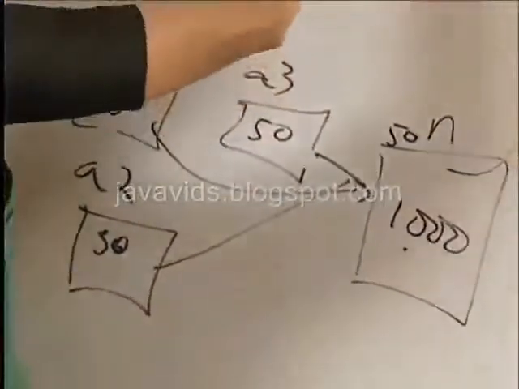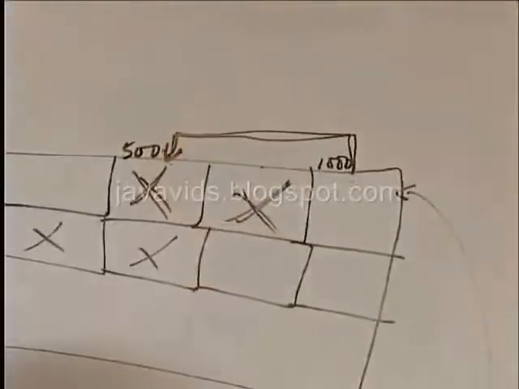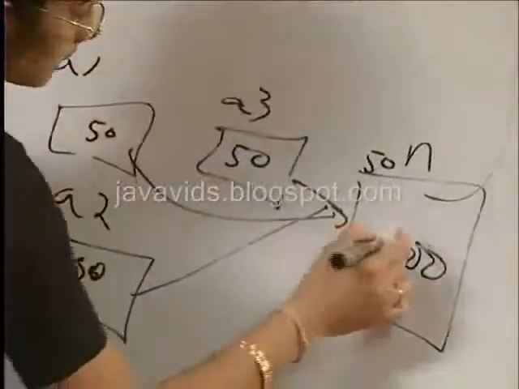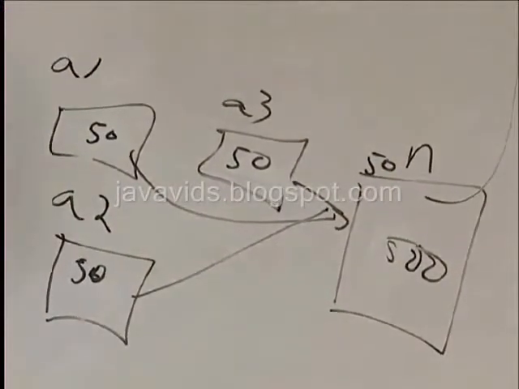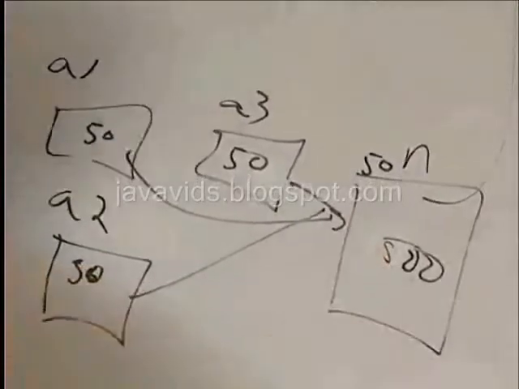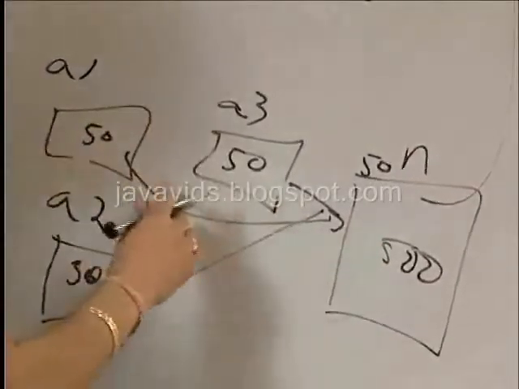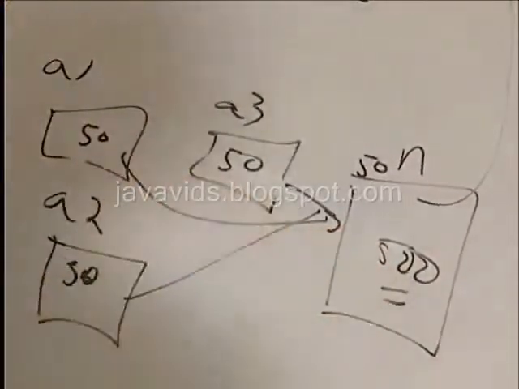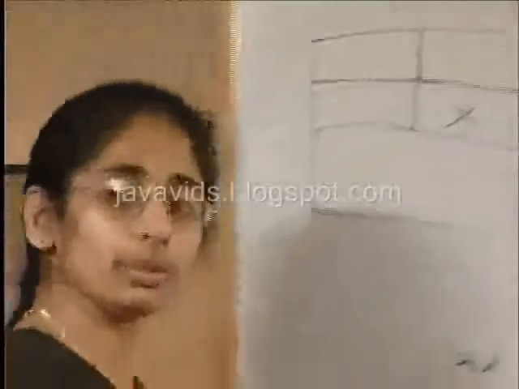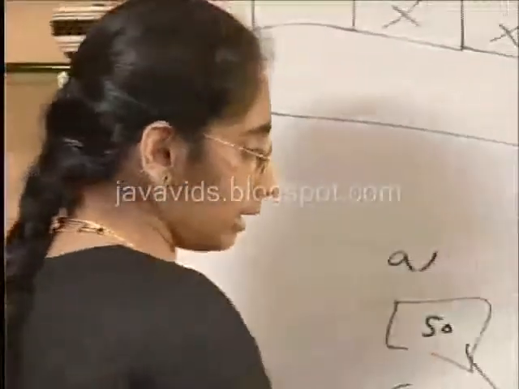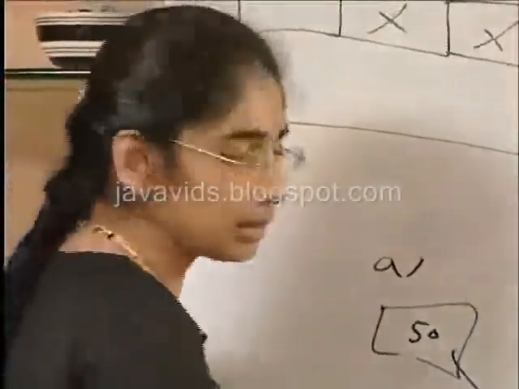So when I shift this content from 1000 to 500, how many changes do I need to make? Only a single change, that is at n. So I could have an indirection for all these object variables, so the change of address can be implemented at only a single space. Depending on the JVM implementation, it could either have this indirection or not.